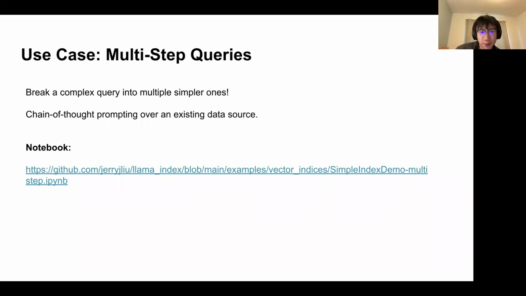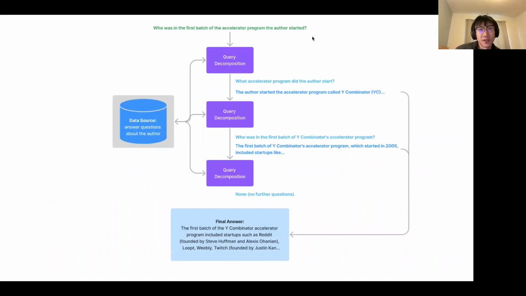So let me just give you an example. Let's say you have a multi-part question that's kind of complicated. The question is, who is in the first batch of the accelerator program the author started? Now, this is a multi-part question, right? Because probably the first question you would ask is, okay, what exactly was the accelerator program the author started? And then the next question would be, now that you know what the accelerator program is, who was in the first batch of that?